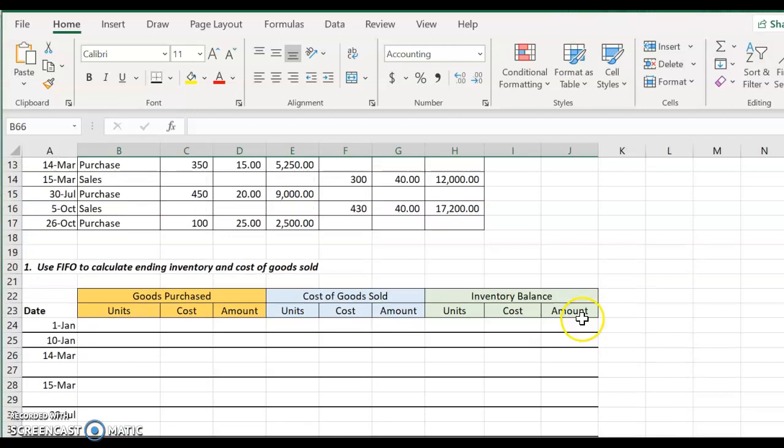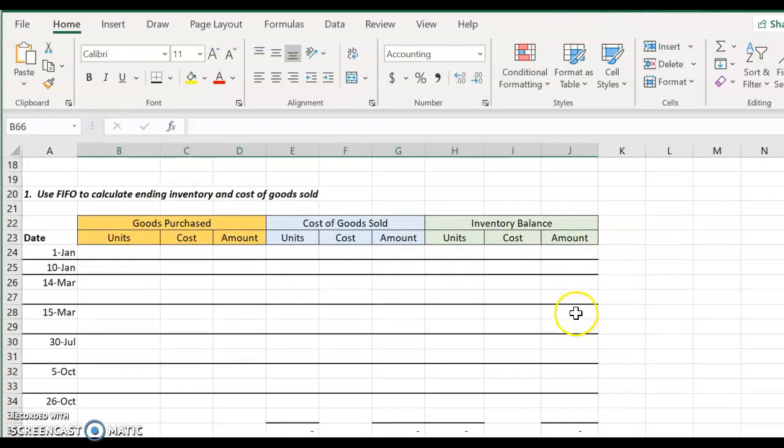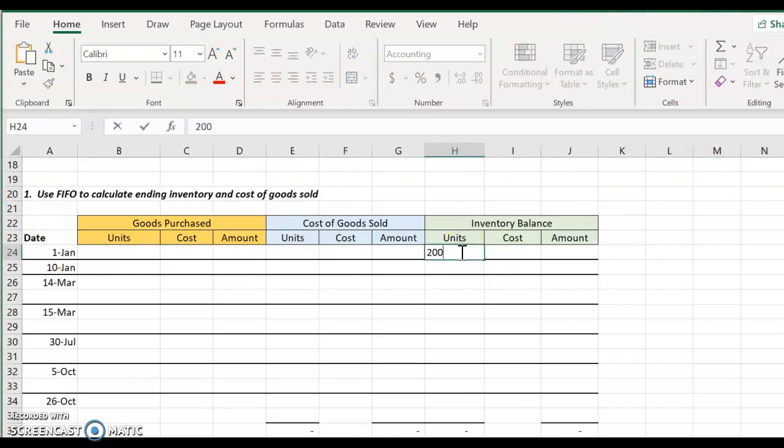The first thing that we're going to do is use FIFO to calculate the ending inventory and cost of goods sold. Again, I'm going to ask you to look at the table in the textbook. I'm not going to be moving up and down between the table and the problem. On January 1st, we have units in beginning inventory of 200, and we're doing FIFO, so 200 units at a cost of $10 per unit.